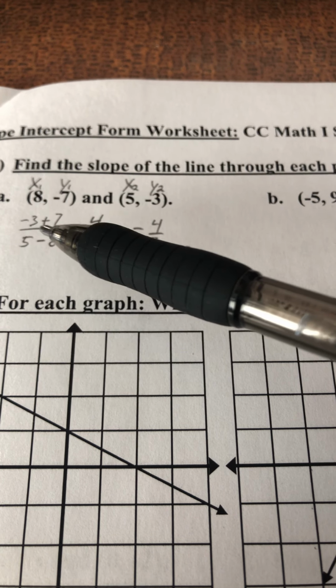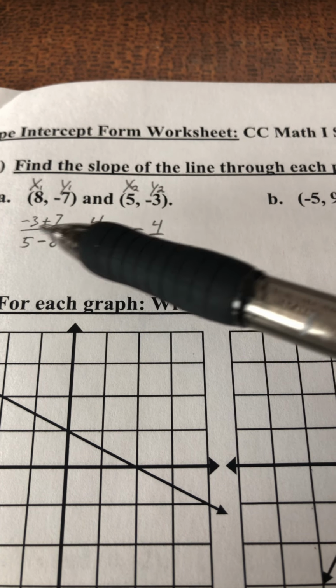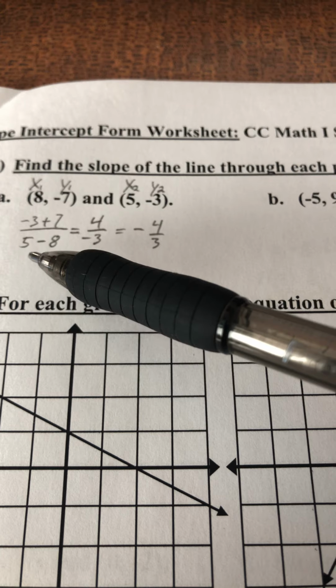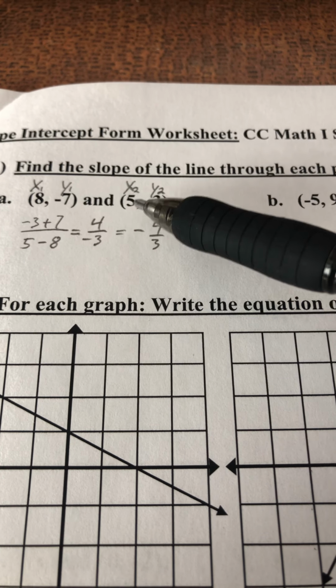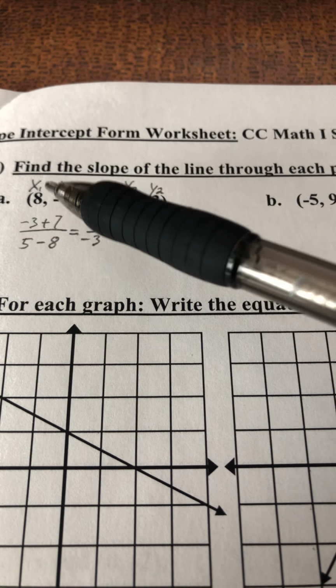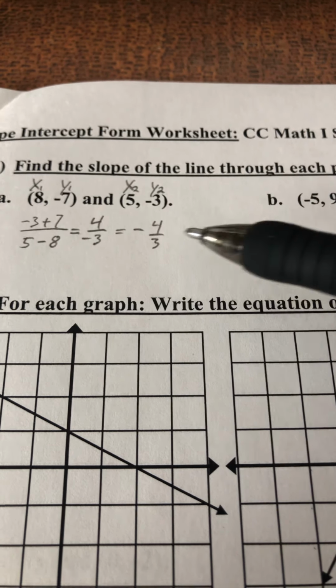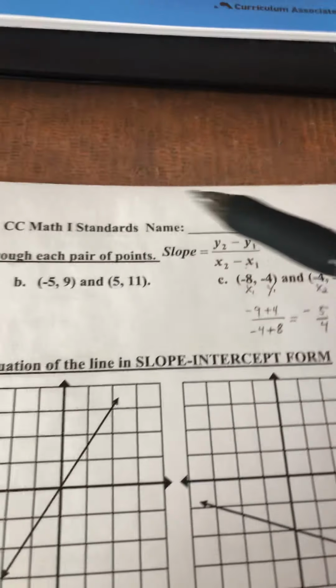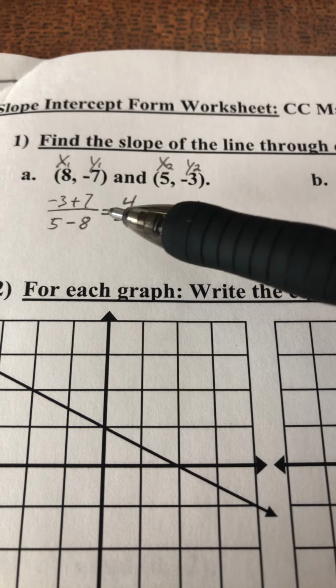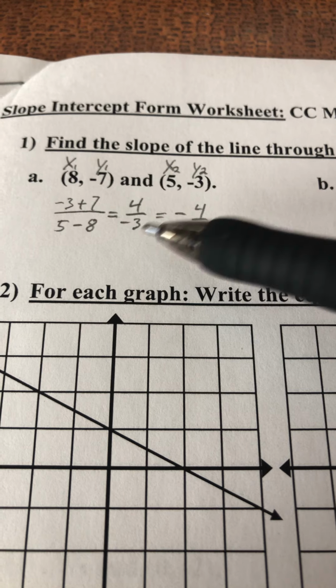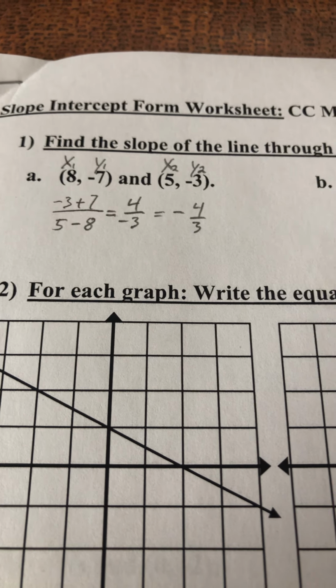So it becomes -3 plus 7 as your numerator over my x's. My second x is 5 and my first x is 8. So 5 minus 8. Just following this formula right here. And then I end up getting 4 over -3 or just -4/3.